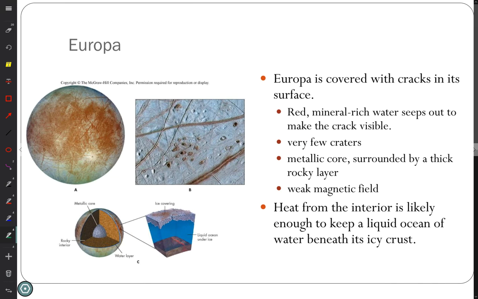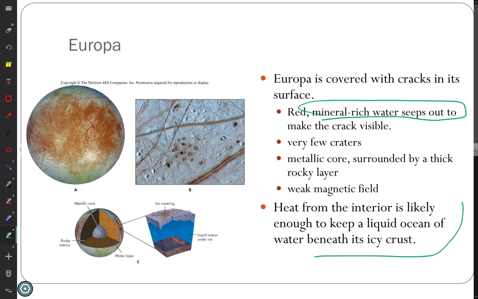Europa, I talked about those cracks in the ice sheet. And so it's covered with cracks, young surface. The water is mineral rich. That's what gives it its pretty color. Probably iron, just like Mars is rusted from iron to give it the color.